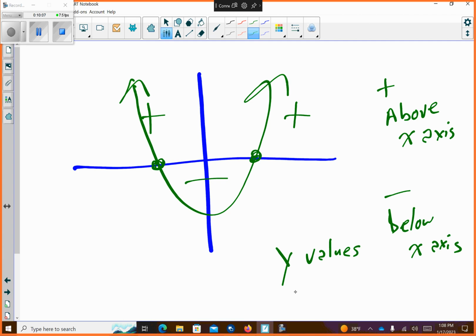And y values in math, we use the term f of x. That's the same thing. That's functional notation. What kind of y values are we going to get? Now, if I go exactly at this point here or at this point here, it's not positive or negative because the y value exactly at those two intersection points is 0. 0 is not a positive or negative number.